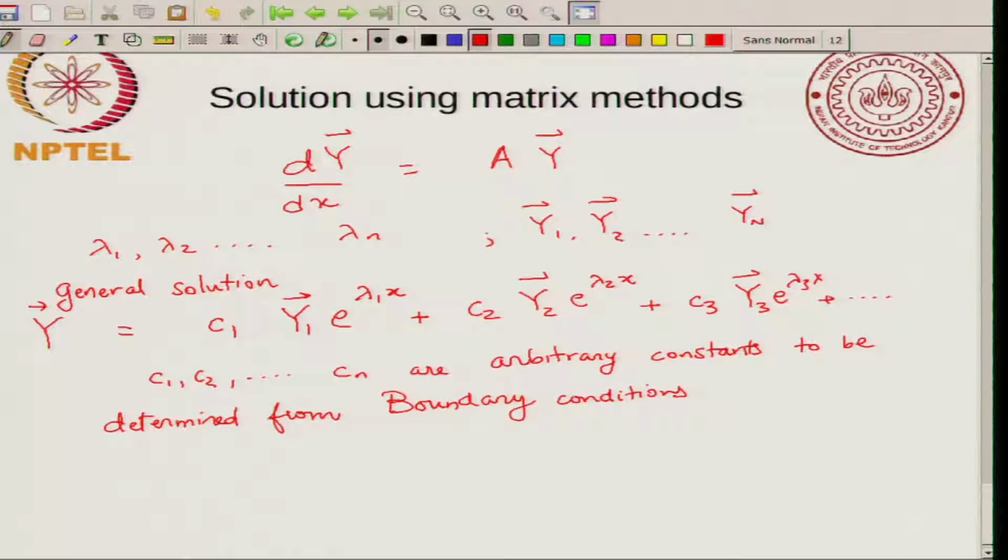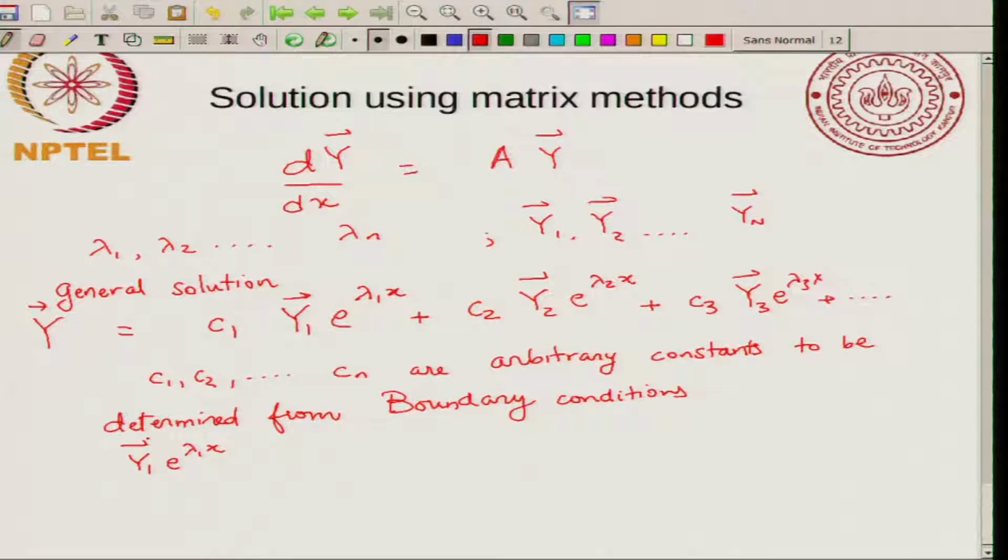So, what did I do? I took this y and let us just consider one of these terms. Suppose I just look at y1 e to the lambda 1 x.